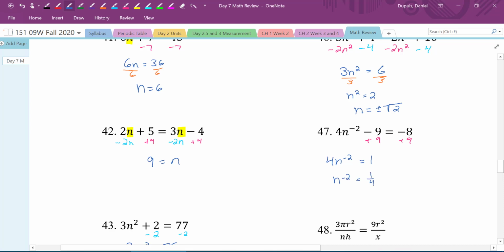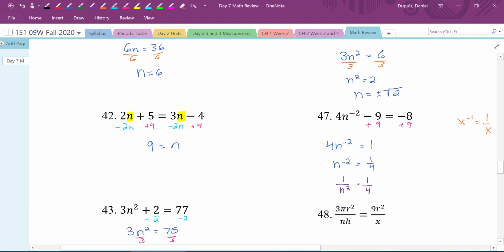1/4. Now, negative exponents, little sidebar. x to the negative 1 equals 1 over x, right? If that makes any sense. So I'm going to do 1 over n squared equals 1 over 4. Okay.